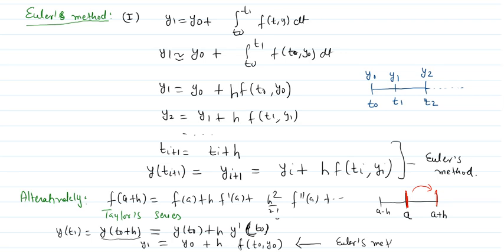Here is one important thing that we define from the Taylor series, that is called the order of method. So what is the order of method? That I am going to define.